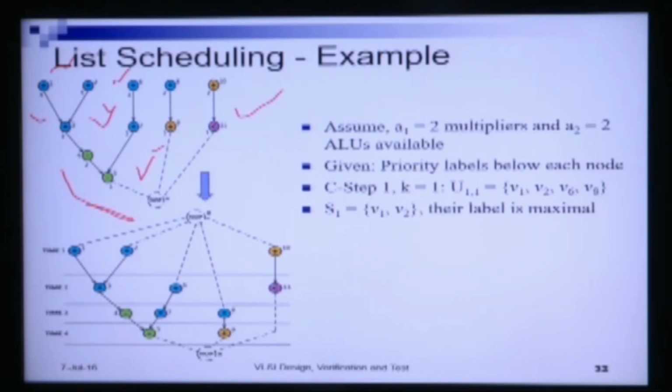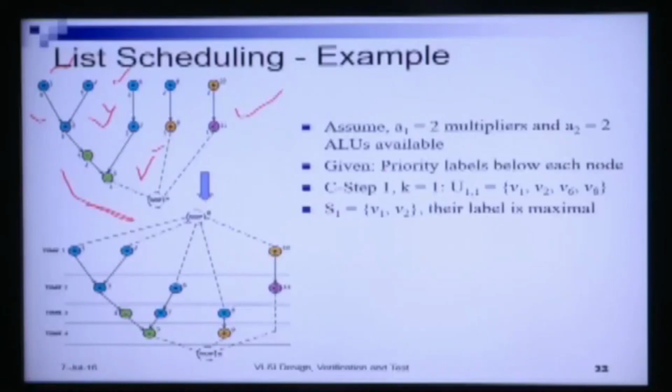Now, what are selected? V1 and V2 are selected. Why? Because V1 and V2 have the maximal label. The value of the label for both V1 and V2 is 4. For V6 and V8, the other two available nodes at time step 1 of multiplication type, the labels are 3 and 2, and hence V1 and V2 have higher priority with respect to V6 and V8, and therefore, at time step 1 V1 and V2 are selected.